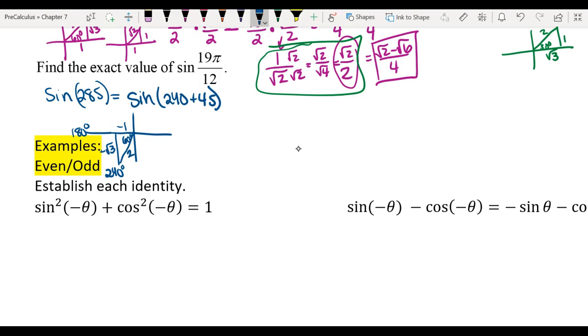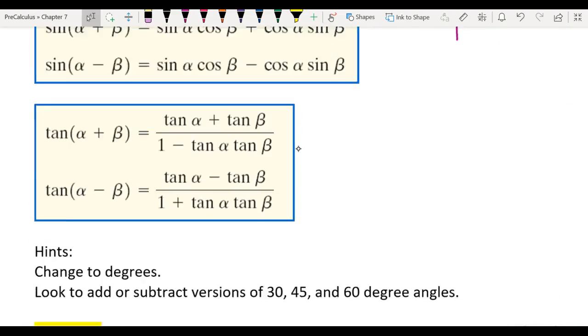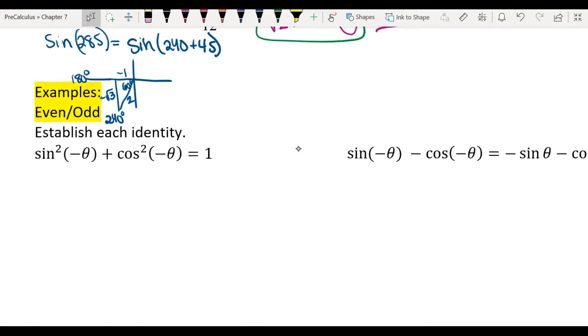Yep, you're going to do like sine and cosine of 240, and you're going to use this triangle to know what numbers you have from that. One square root of 2.